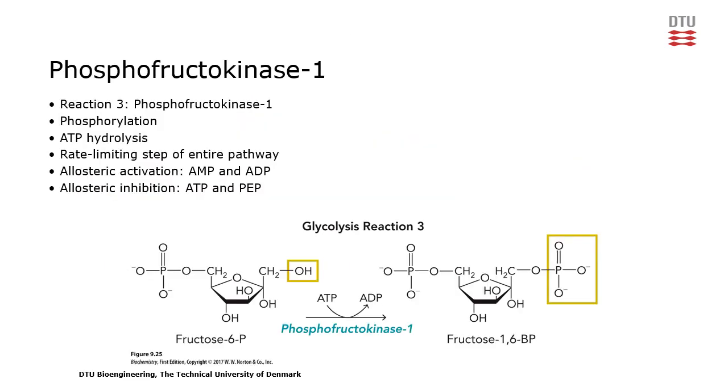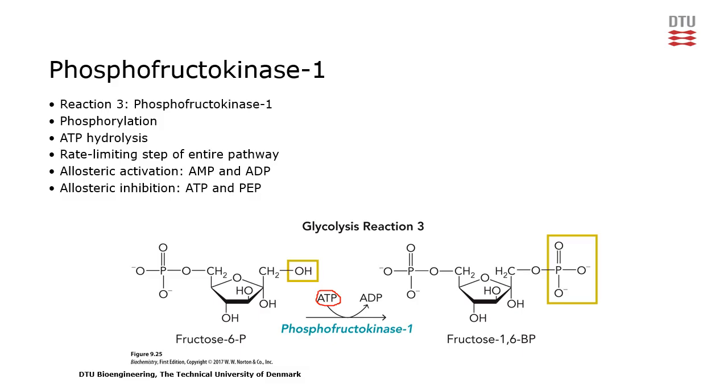This next step is the phosphofructokinase 1. The phosphofructokinase 1 is an important step in glycolysis, one of the key regulatory steps. Why is that? That is because it uses ATP, and ATP is a really good way to regulate things.